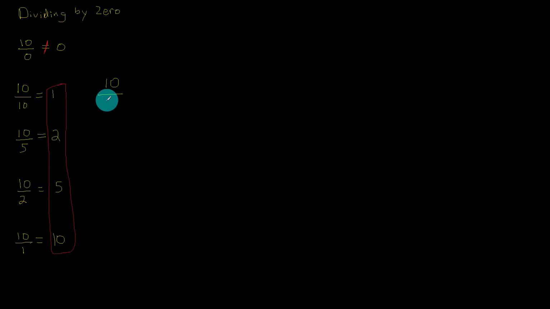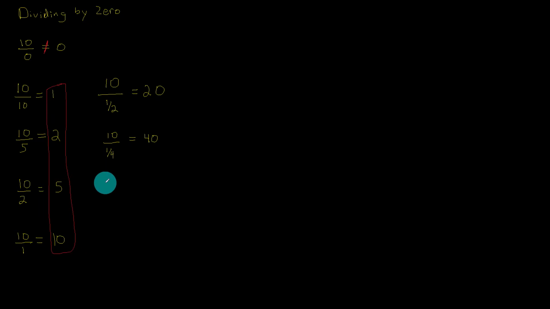Well, let's divide by 1/2. So 10 divided by 1/2 gives us a value of 20. And 10 divided by 1/4 will give us a value of 40. So we have 40 here.